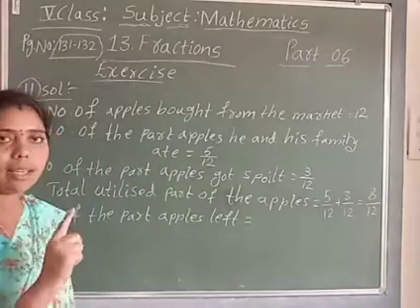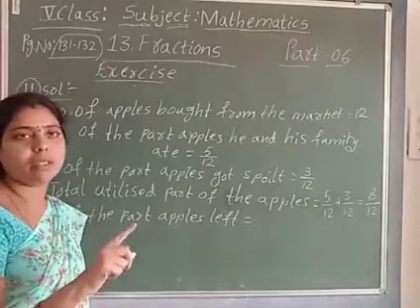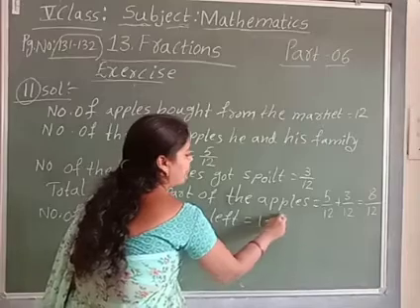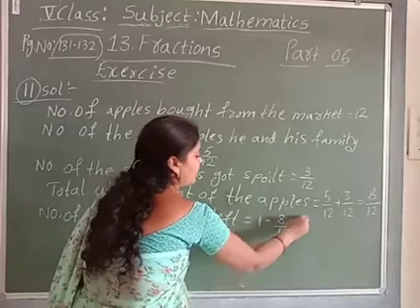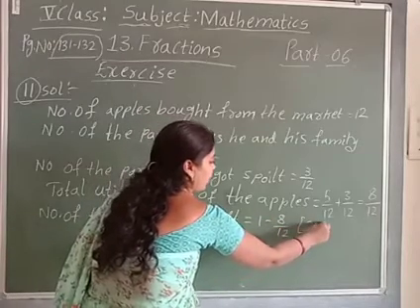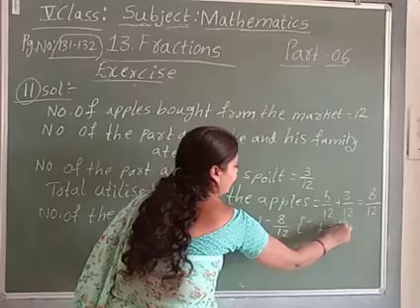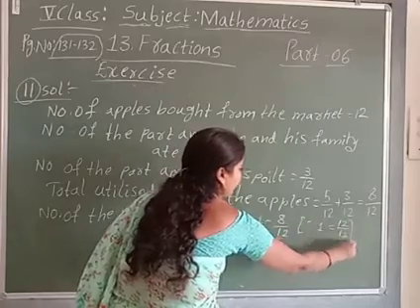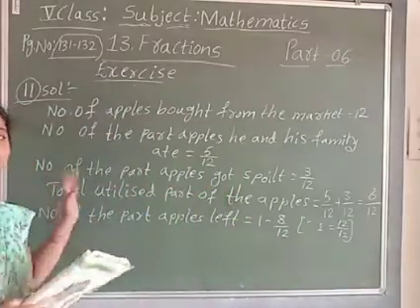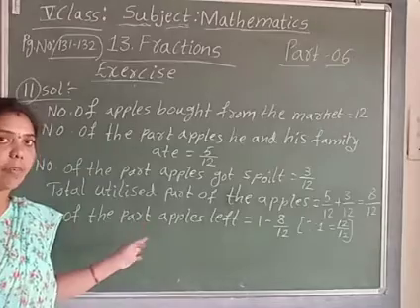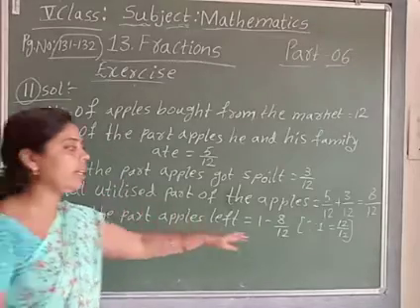See, your total is 1 part only. So 1 minus 8/12. Since 1 equals 12/12. In the previous problem we did 1 equals 5/5, the whole part being 5. Why are we taking 12?